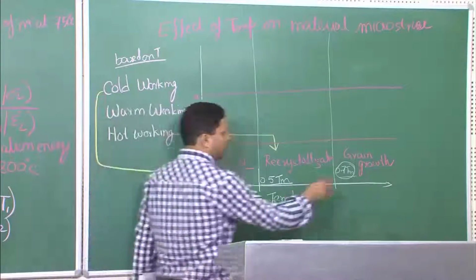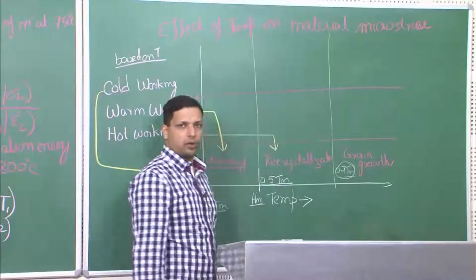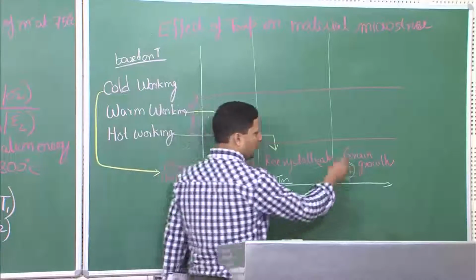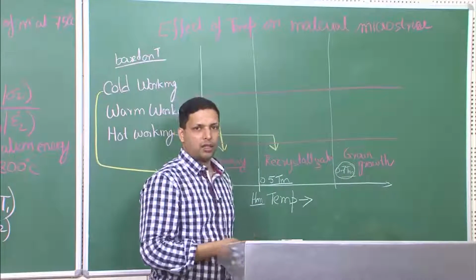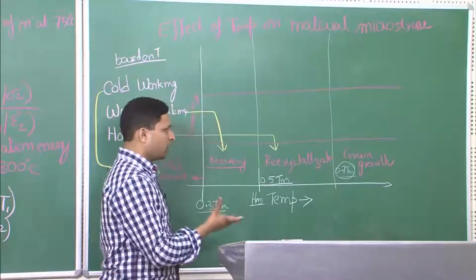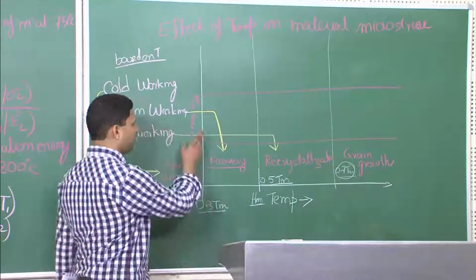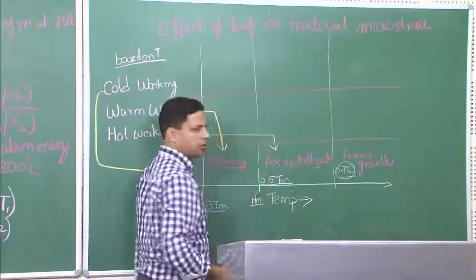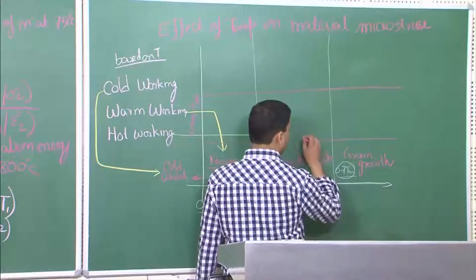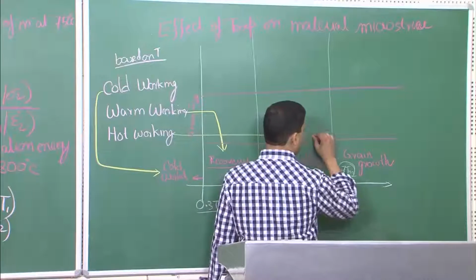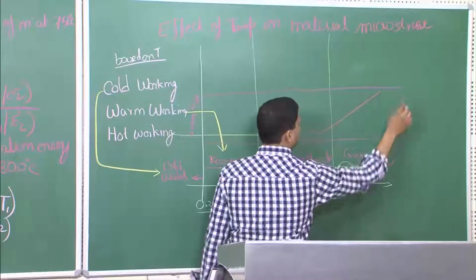As you can see, we also have a region called grain growth. Here, of course, the grain size would be much larger, which is why this region is named grain growth. But even in the other two regions, you may see some amount of changes, and the variation of grain size would follow something like this.